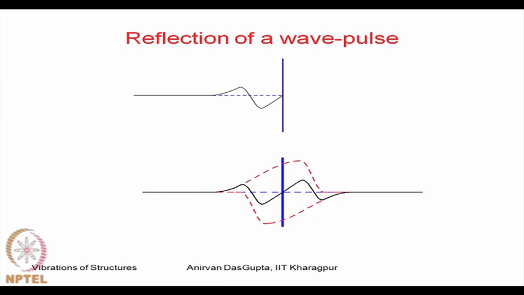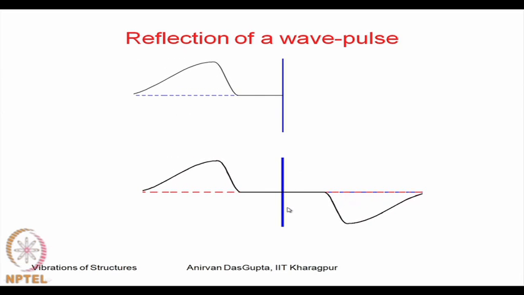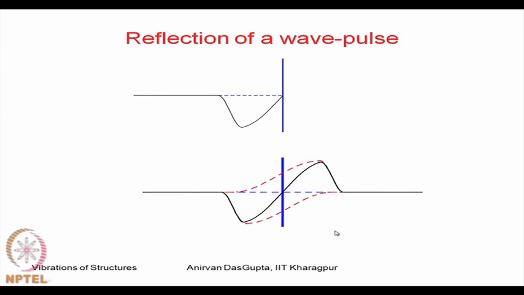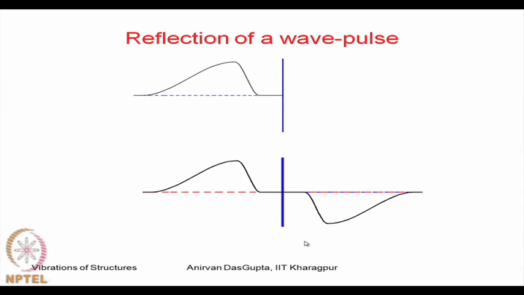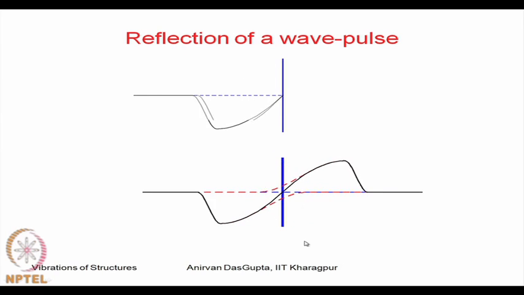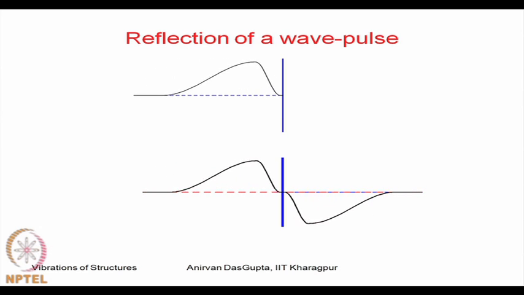You will find that these two superposing waves do not satisfy the boundary condition at x equal to 0, but after superposition, the sum of these two waves satisfies the boundary condition, while the individual waves do not. That is how this reflection process takes place.